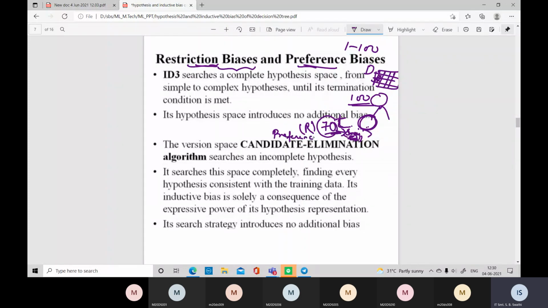Preference happens when some restriction is already there on the instances. After restriction only, you can apply these preferences. Restriction is you are restricting the number of instances. Preference is, in those restricted instances, based upon what attribute value you want to take. Is this clear, students?